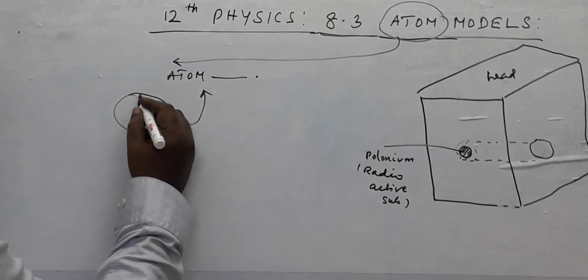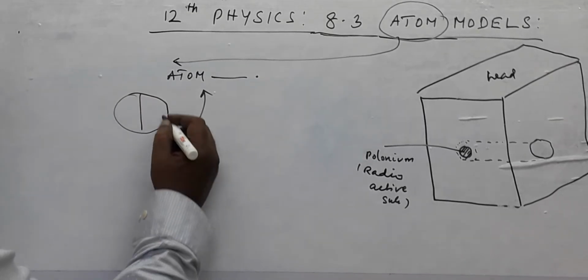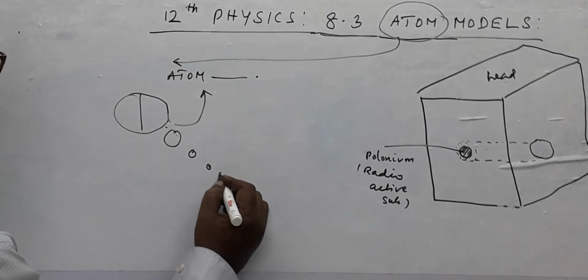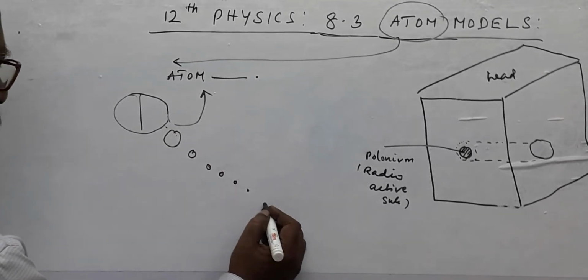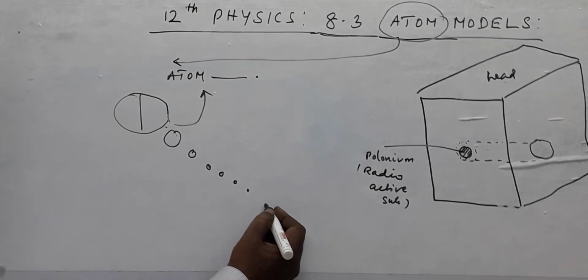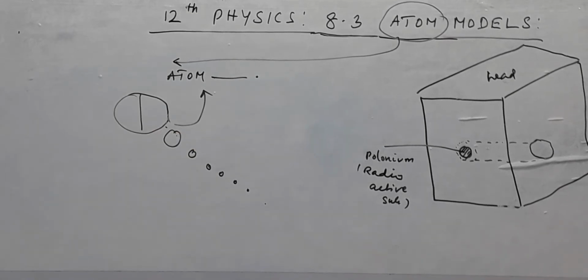If you divide again and again, at last the size is reduced and it becomes an indivisible particle. Normally, that is called an atom.